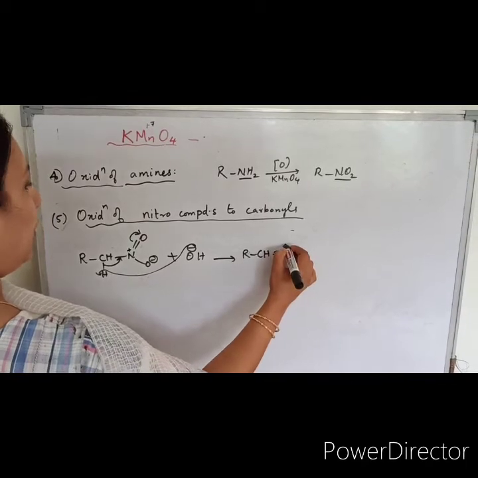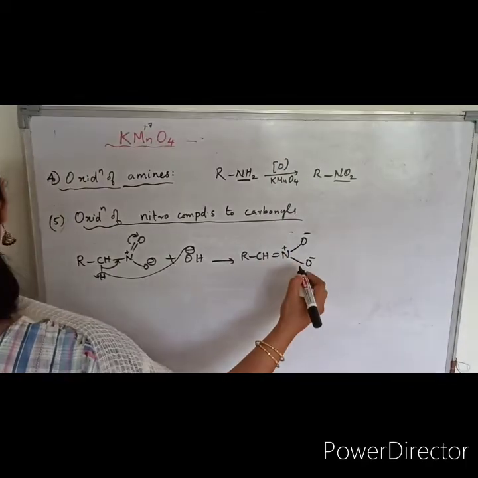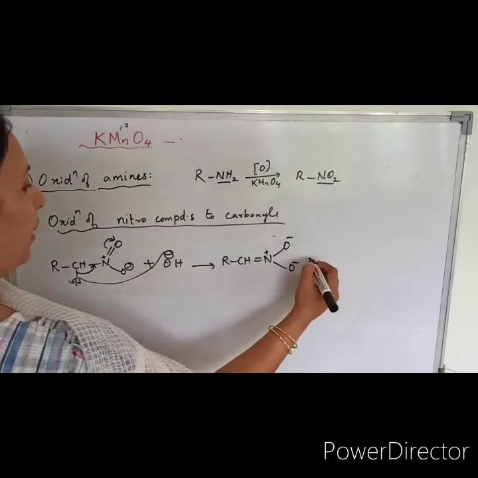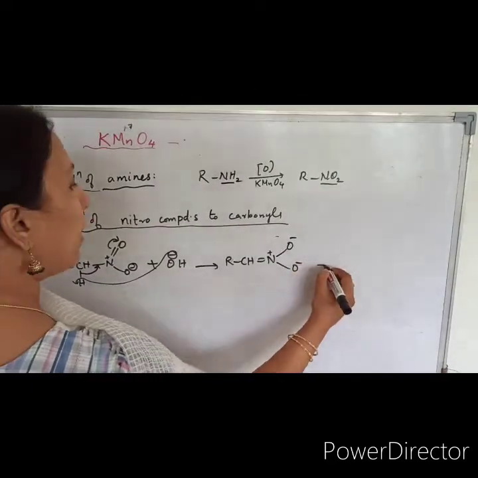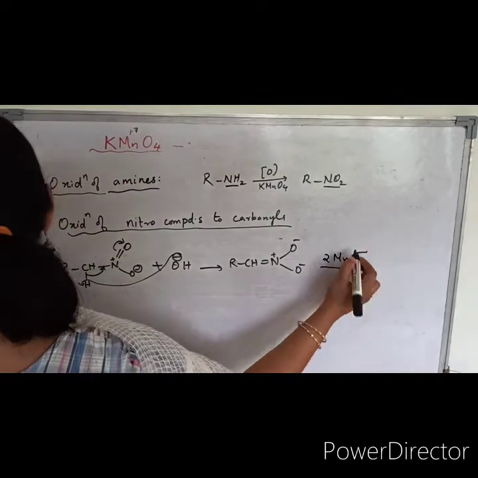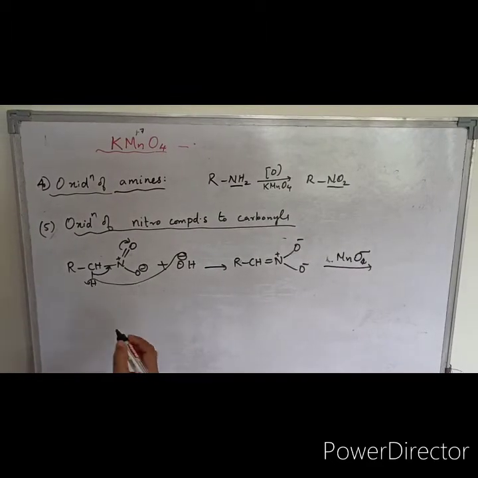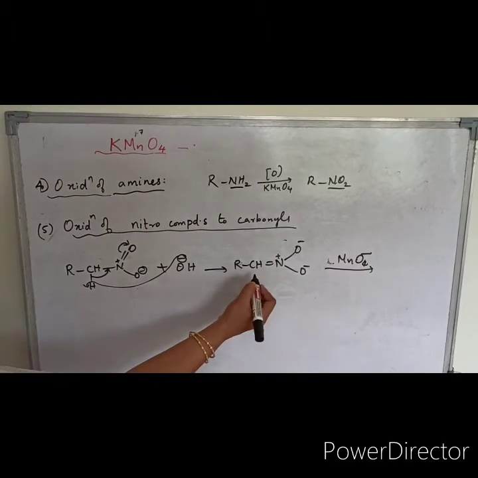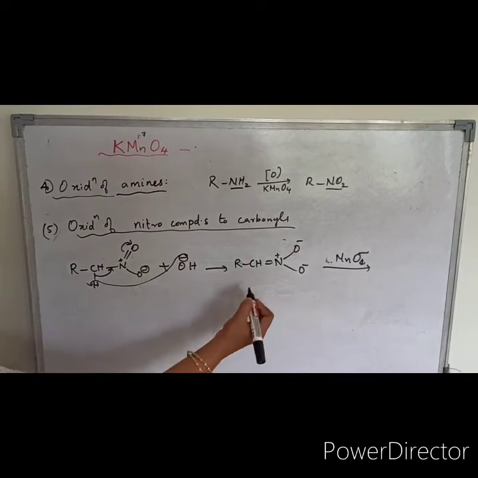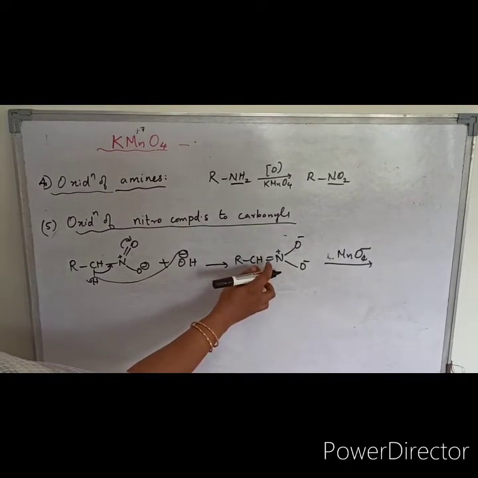So here again positive charge, O minus, plus H2O. Okay. Now this reacts with MnO4 minus. So what will be happening? That MnO4 minus, O minus will be attacking here. Okay.